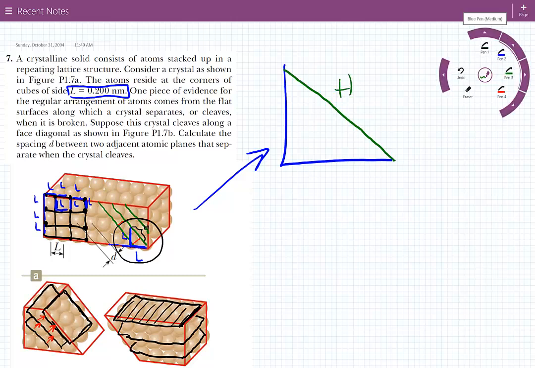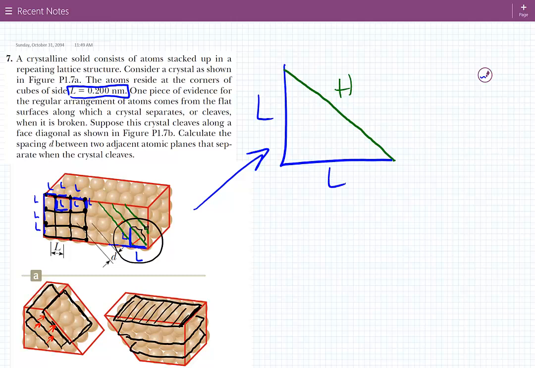And these sides are side L. So to figure out the hypotenuse, this is a right triangle, so we can use Pythagorean's theorem, which says a squared plus b squared equals c squared. In our case, it's going to be L squared plus L squared equals H squared. So we write L squared plus L squared equals H squared. We can rewrite this as 2L squared equals H squared.